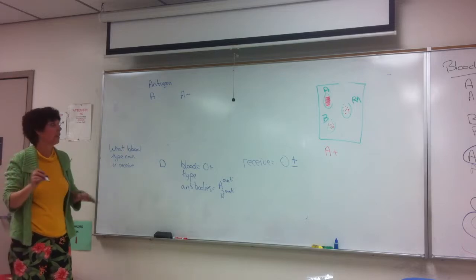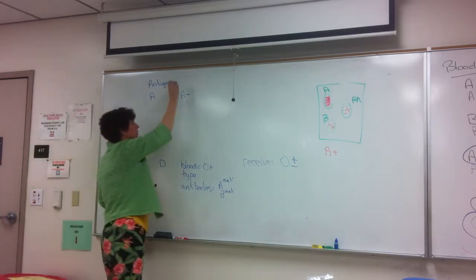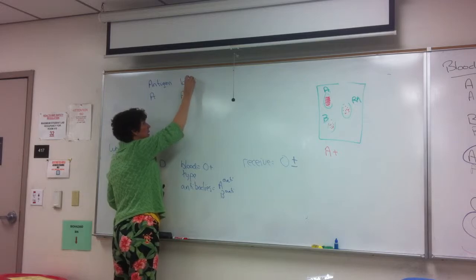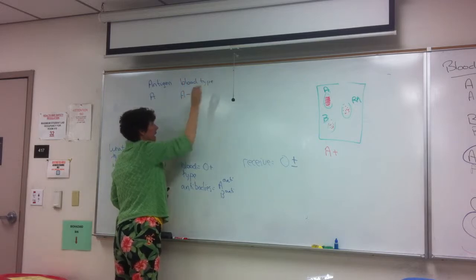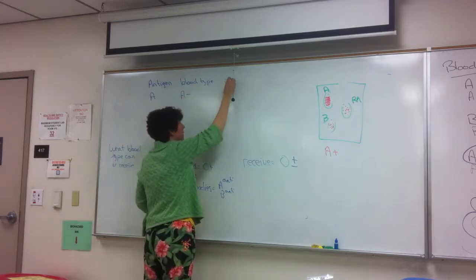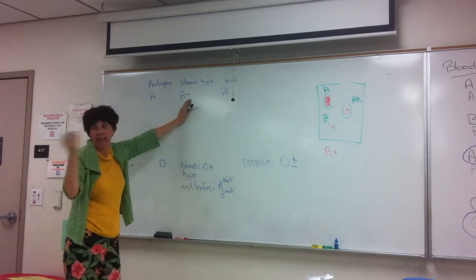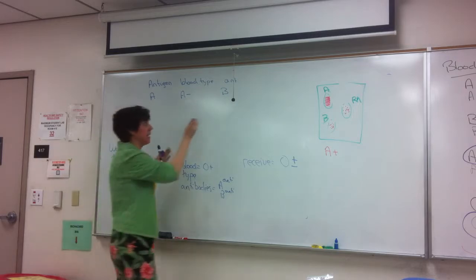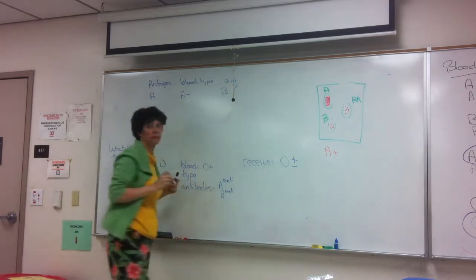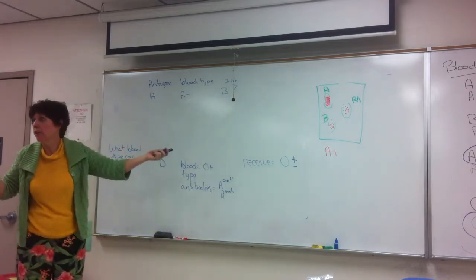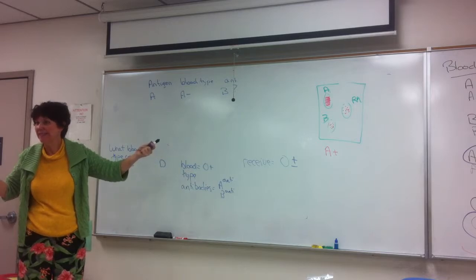Okay? So that's my blood type. Again, without looking at the table, what would my antibodies be? B. And maybe anti-B, because I don't know if I've been exposed or not.